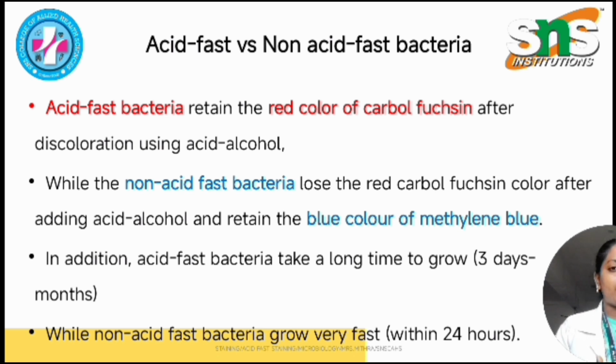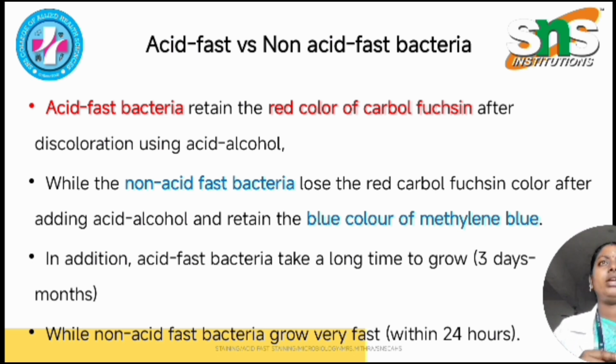A very good example of non-acid fast bacteria is E. coli and Staphylococcus aureus. If we culture E. coli and Staphylococcus aureus, the bacteria are able to grow at 37 degrees Celsius for 24 hours. Within 24 hours they can grow, multiply and reproduce. But the acid fast bacteria will take a longer time, about 3 days to 3 months, to grow.